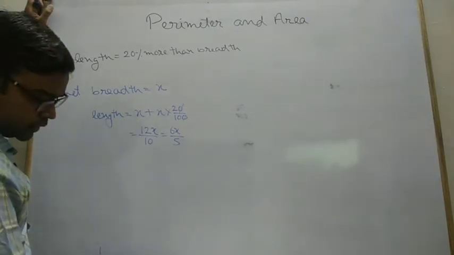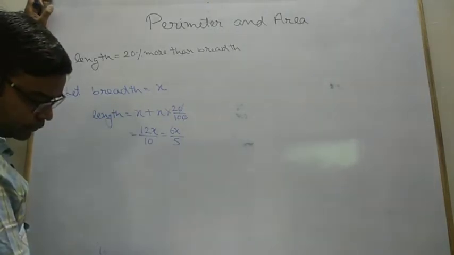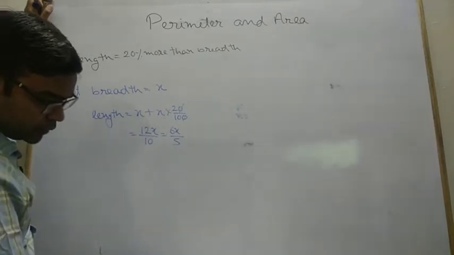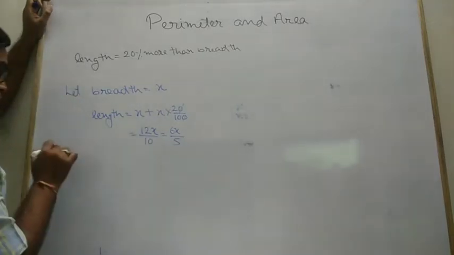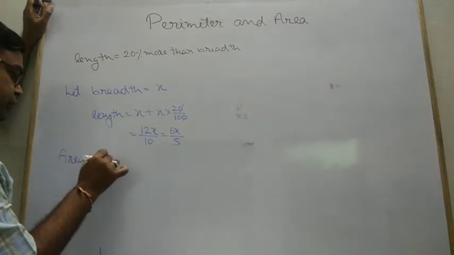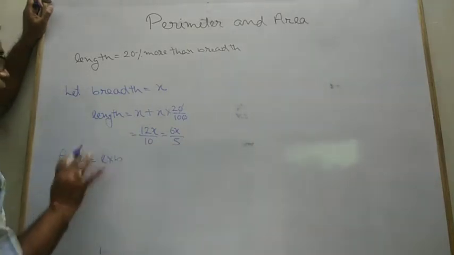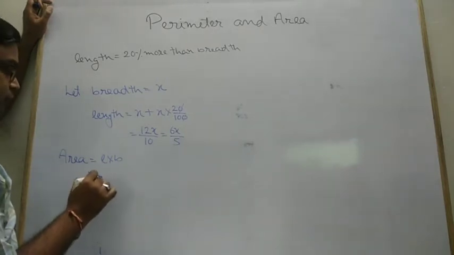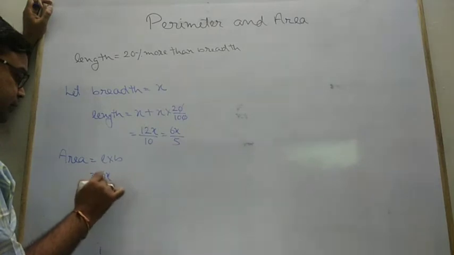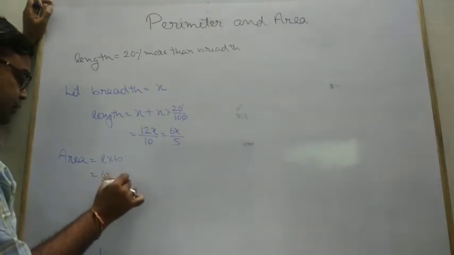And the question says area of rectangle. So area equals length into breadth. I'm talking about the rectangle. So it's 6x upon 5 into x.